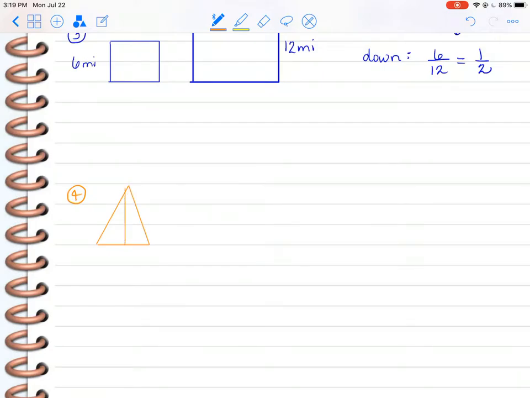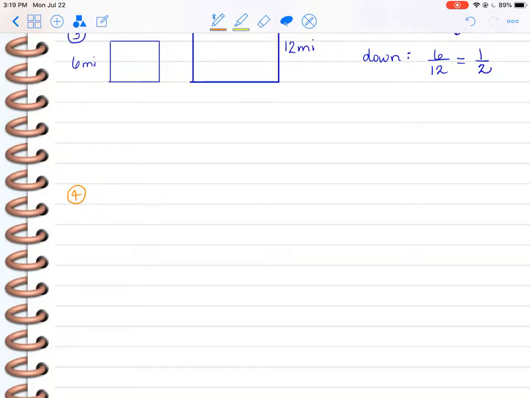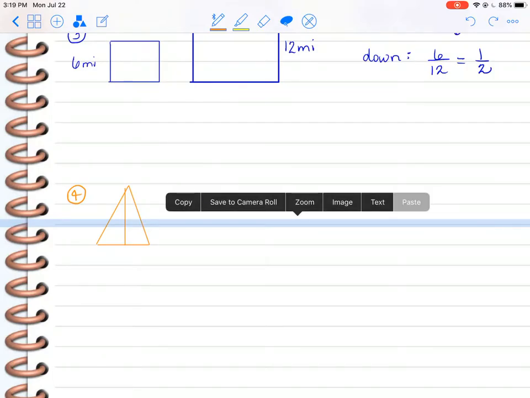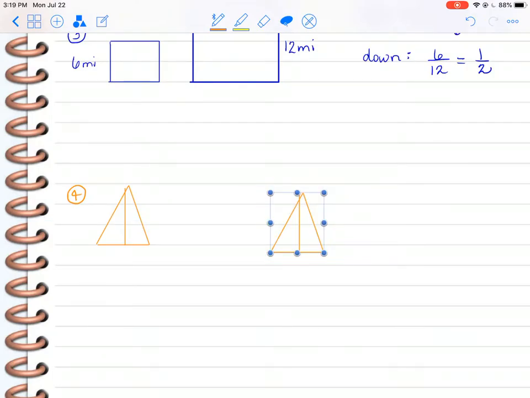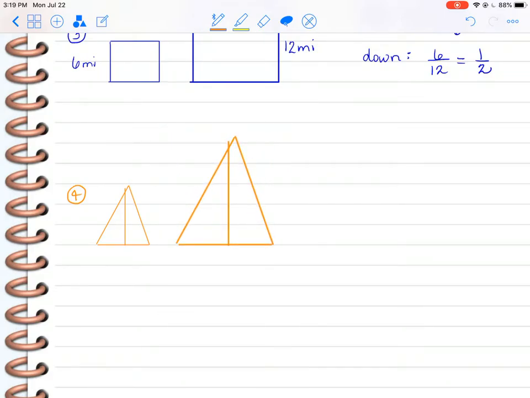I think it's still leaning, but let's pretend. Okay, so let's copy and not delete. And paste. And resize. Goodness, that's not good. You can tell that my drawing is off because of how crooked the height is. But that's okay. I'm just illustrating a point to you here.